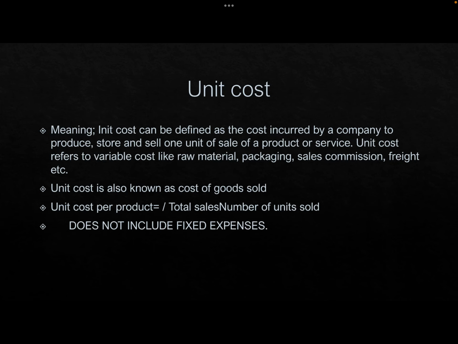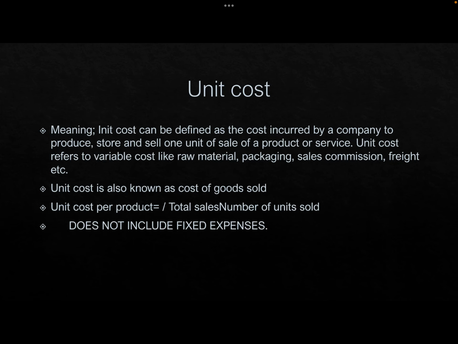If you produce 5 units, the rent is going to be 5,000. If you produce 100 units, rent is going to be 5,000 rupees. If you produce 10,000 units in the same building, rent is going to be 5,000 rupees only. One day you decide that you're not going to produce anything. You just put a lock on that building. Still you have to pay the rent of 5,000 rupees.